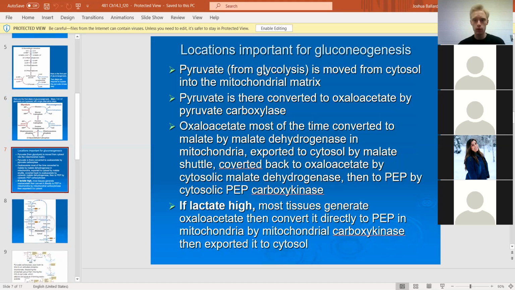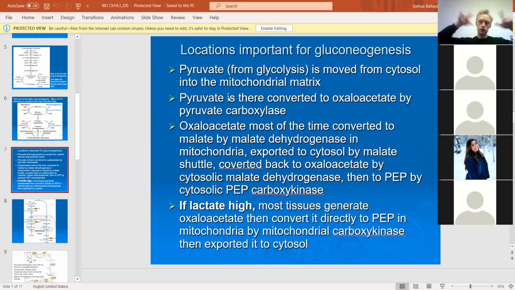Since gluconeogenesis is the opposite of glycolysis, we're mainly going to talk about how pyruvate is converted back to glucose. Pyruvate is moved from the cytosol into the mitochondrial matrix.